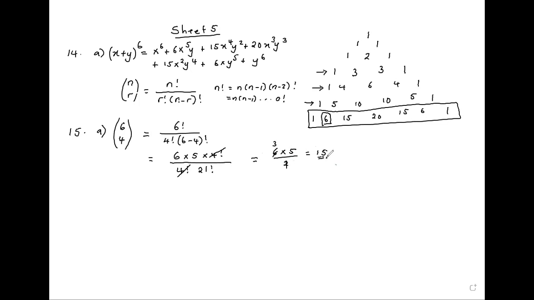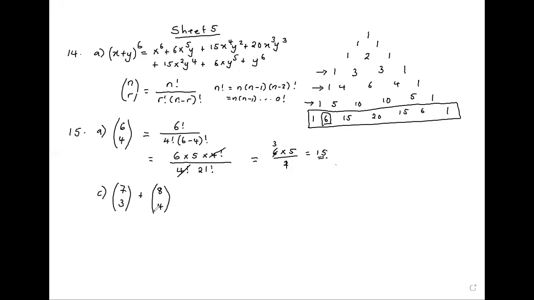The next thing here will be C, which is a sum of 7 choose 3 plus 8 choose 4. Now, there are so many theorems surrounding binomial.